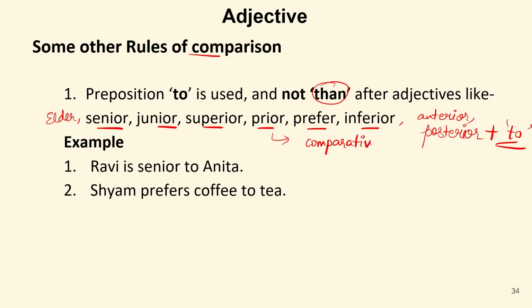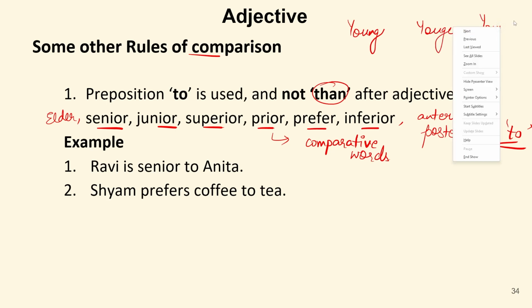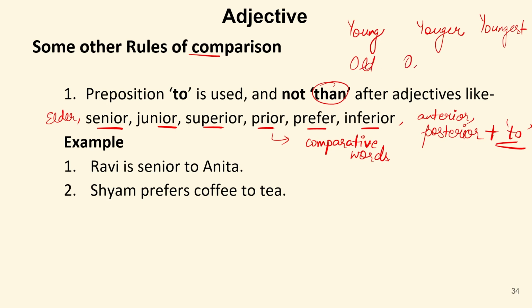These are comparative words. Now, you must be thinking that what is the difference between comparative degrees and comparative words? Just look at all these words. They are the simple words. Like, if I use a word young, it's a positive degree of which I can make a comparative degree as well as a superlative degree. Young, younger, youngest. Same with the word old, older, and oldest.